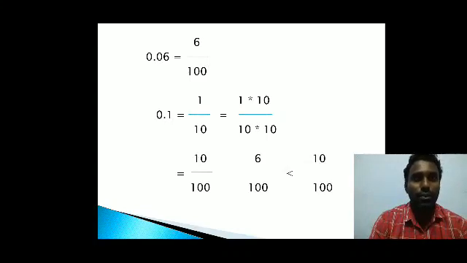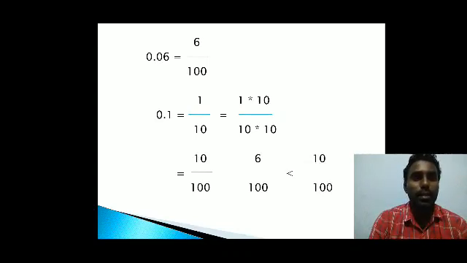Now we have to compare 6 divided by 100 and 1 divided by 10. Both fractions' denominators are not the same, so we have to make the denominators the same.